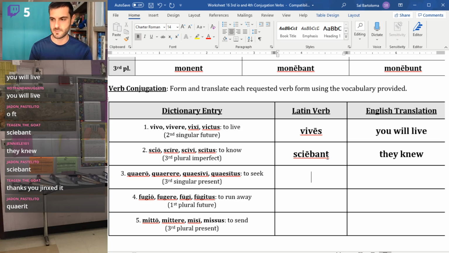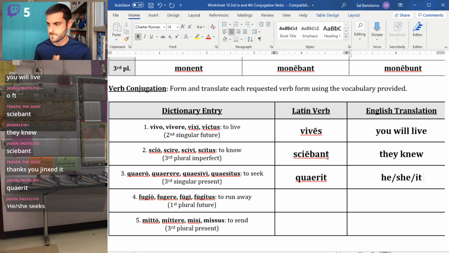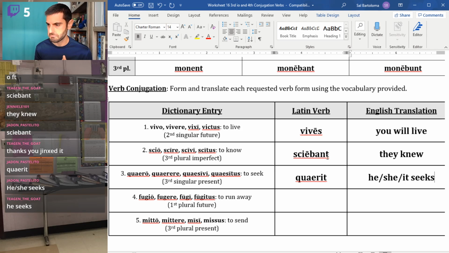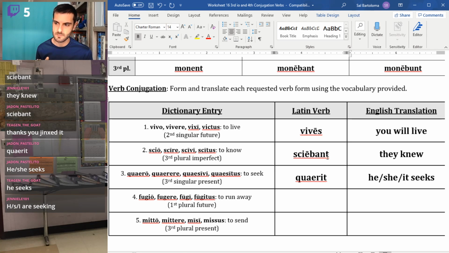Third singular and present for quaero. Quaerit. Awesome. And what does that mean, Jaden? We use the I, right? Because it's third conjugation. Quaerit. So we could do our he, she, or it. Seeks. Yeah. Probably he or she. He seeks, she seeks, it seeks. He, she, or it is seeking. That would work too. You can do that progressive translation, is seeking.